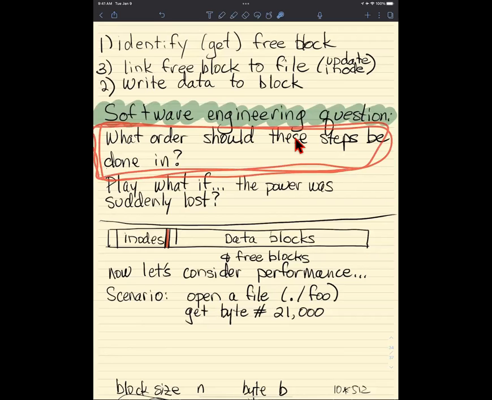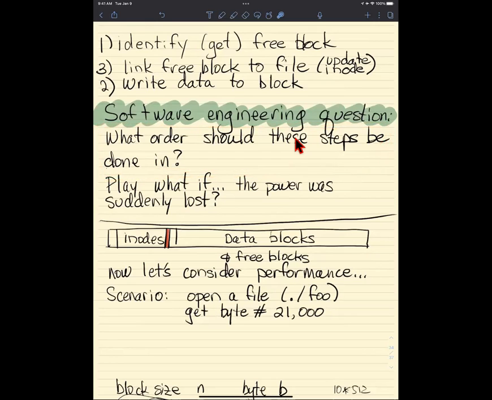Okay. So as you design bigger and bigger systems, you may have multiple paths which lead to a correct outcome, but some of those paths will increase the likelihood of data corruption, and other paths will decrease the likelihood of data corruption.